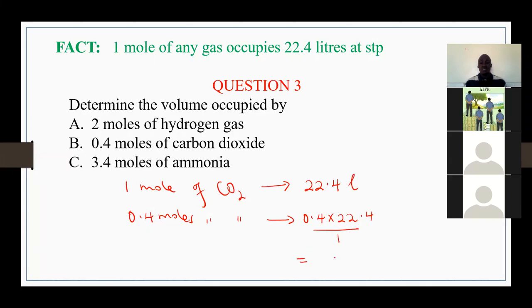The moles will cancel out, and the answer is 8.96 liters. The moles from the 0.4 will cancel out with the moles from the 1, then we shall be left with the units of liters on the 22.4. So in your free time, you will try this out.